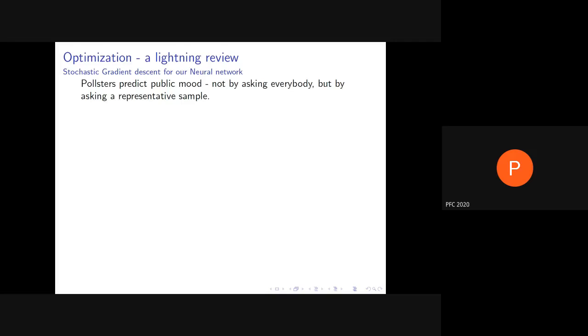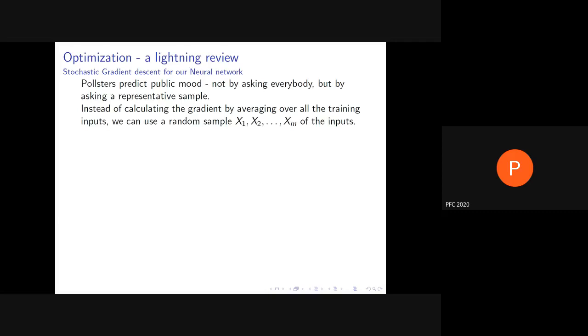cognitive biases. Instead of calculating the gradient by averaging over all the training inputs, what you do is take a random sample of M of them. This M is called a mini batch. That's a technical term. You take an M element mini batch instead of the N element training set. So maybe thousands of them at a time.